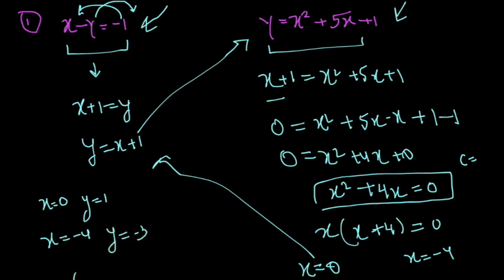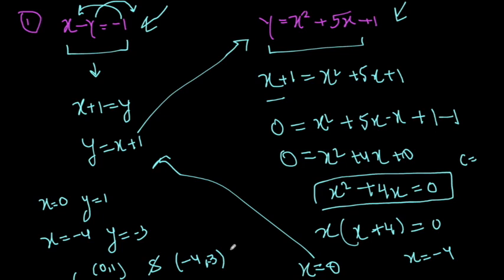So your point of intersection is 0 comma 1, and another point of intersection is minus 4 comma minus 3. Okay, so this is the way how you can solve any quadratic and linear curve simultaneously.